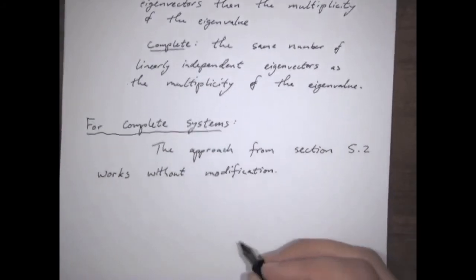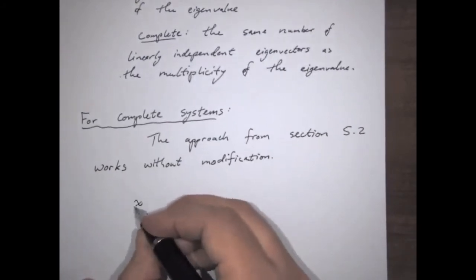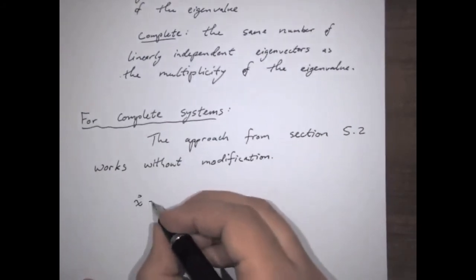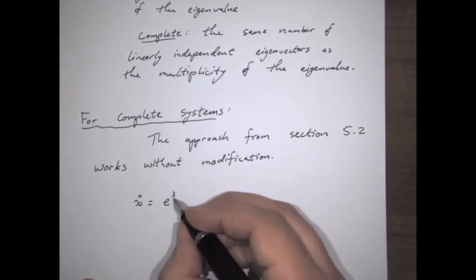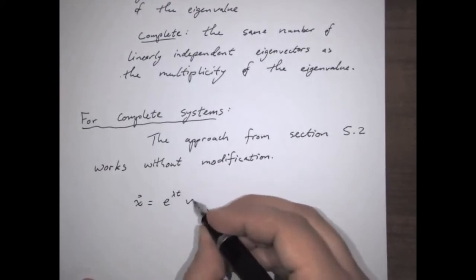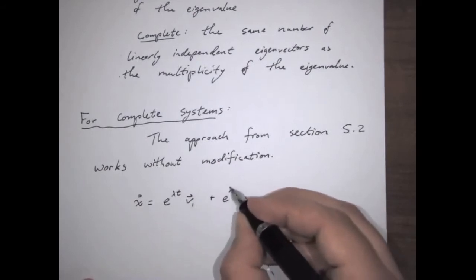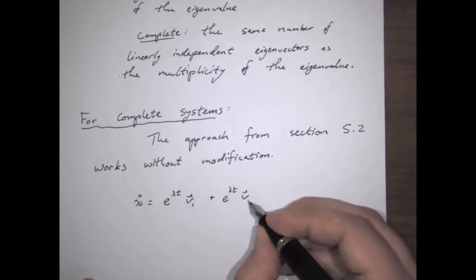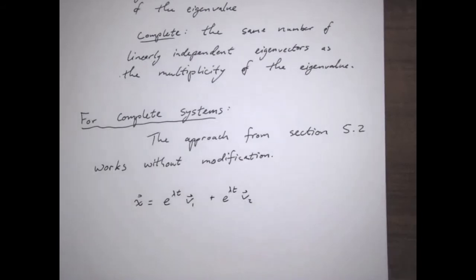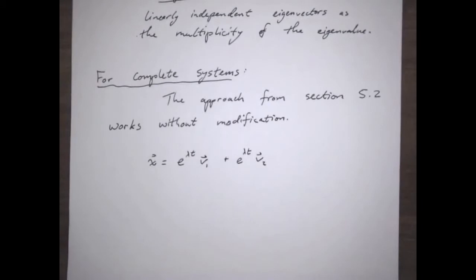In particular, the solution that you get is that x is equal to e to the lambda t v1 plus e to the lambda t v2, where these are the two distinct eigenvectors that we were promised by the completeness of the system. Everything goes fine this way.